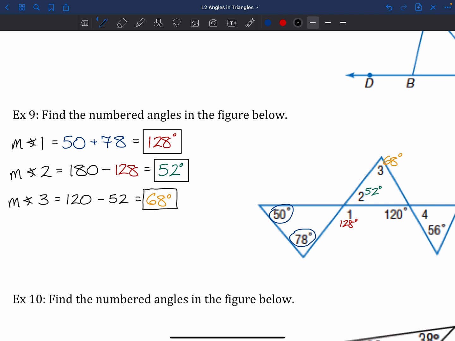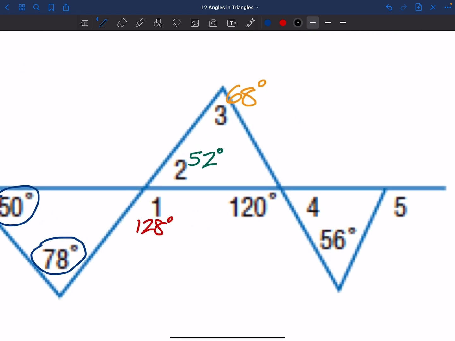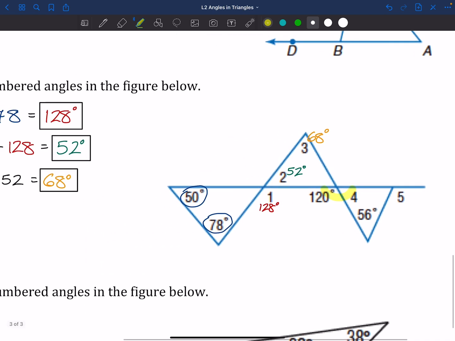After that, we got to get the measure of angle 4. And let me tell you, this one's going to be a little bit easier than that was. So, I'm going to kind of zoom in on the diagram. If I'm looking for the measure of angle 4, it's not going to be too bad. I know that it makes a straight line with that 120 degree angle, so I'm just going to take 180 and subtract that 120 from it.